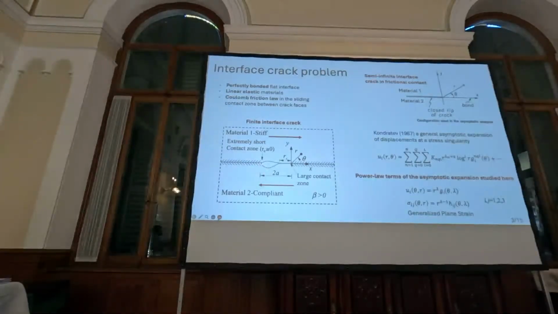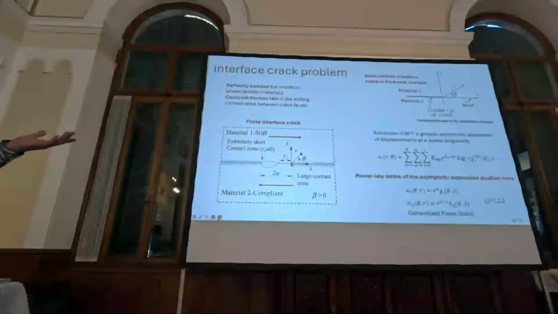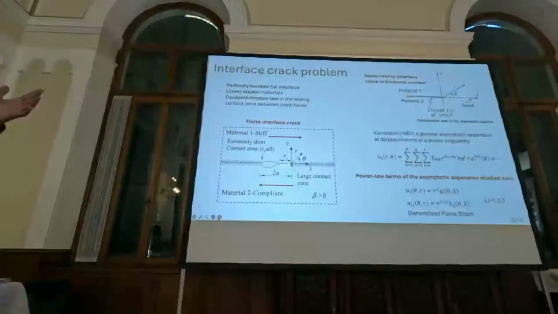So this is the opening. At this crack tip we have a fully open crack, and this typically creates a bubble, and we can have a contact zone, depending on the configuration of the problem, which is for more than 1/2 of the crack size, or can be a few percent, 10%, 5%. It depends on the problem.